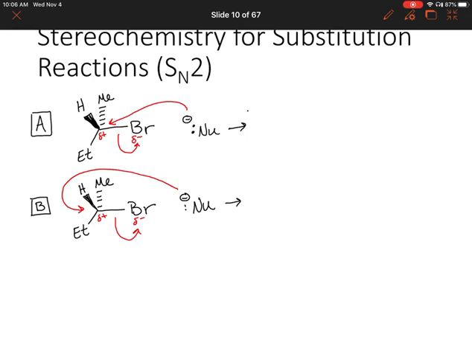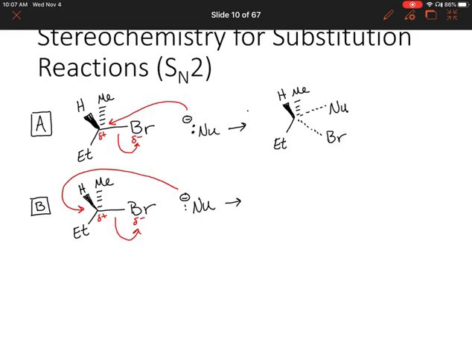So let's draw the transition state for example A. And remember, in a transition state, you have bonds breaking and forming at the same time. So let's draw our carbon with its bonds. That will stay the same. And then we'll show that its bond to bromine is breaking and its bond to the nucleophile is forming.